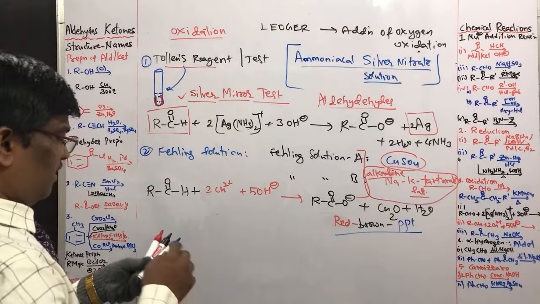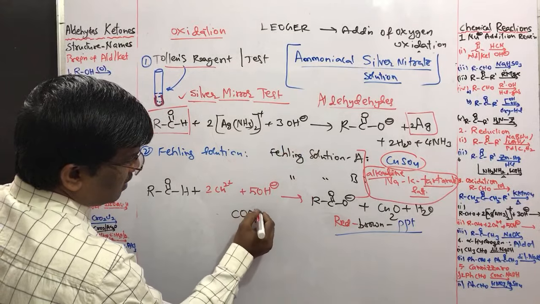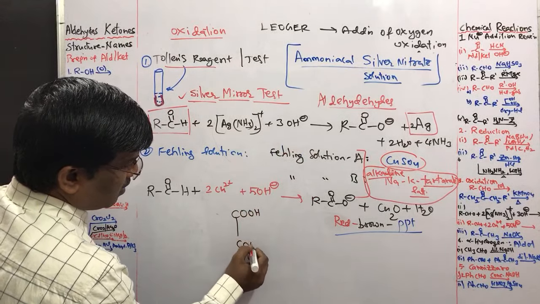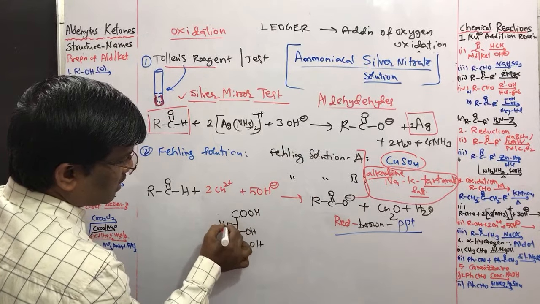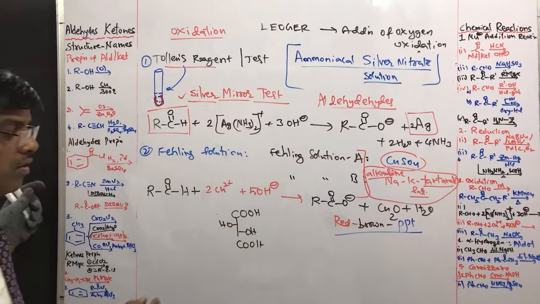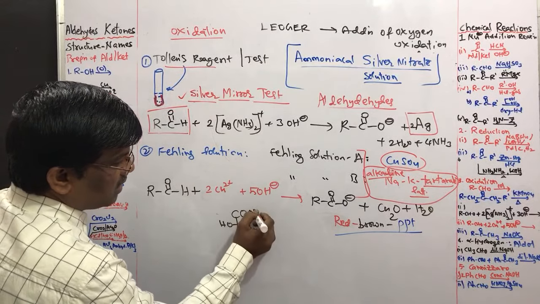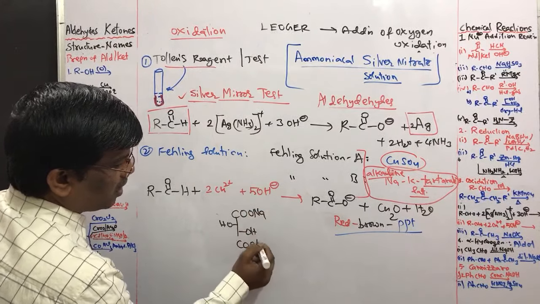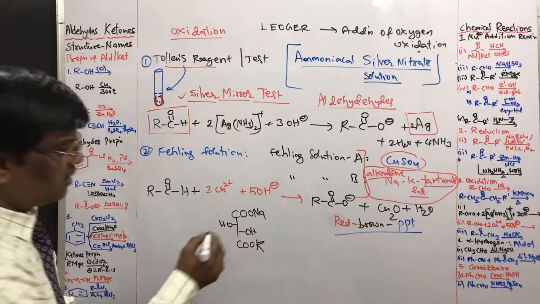And what is tartarate? It is very simple, student. Tartaric acid. This is tartaric acid. So in the next biomolecules chapter we are going to get tartaric acid. This tartaric acid, when attached to sodium and potassium, gives sodium potassium tartarate.